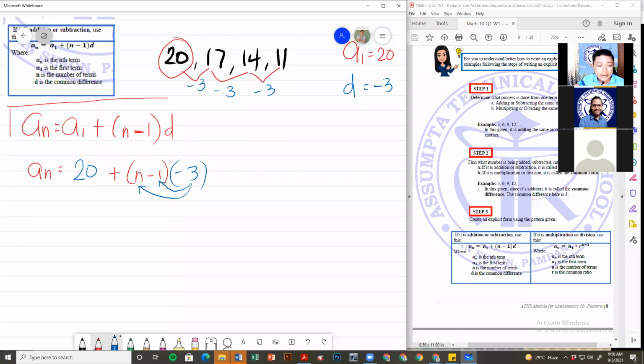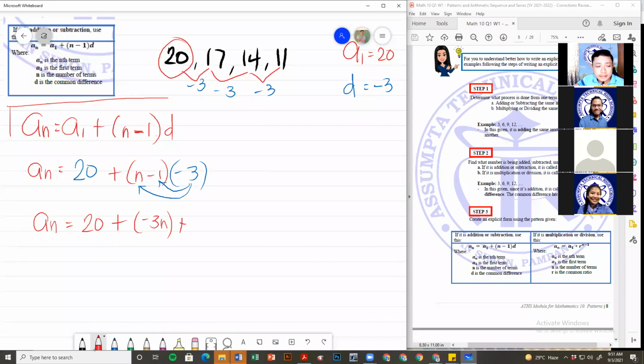Okay? So you will have here a sub n is equal to 20 plus -3 times n, that's -3n. Can you follow? Can you follow? Minus, I know, plus, kasi +1 times -3, that's +3. Ayan.